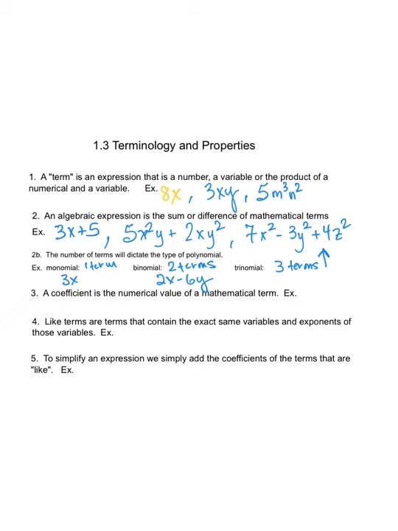Great. So, ladies and gentlemen, a coefficient, once again, we're talking about terminology. A coefficient is the numerical value of a mathematical term. Okay, so give me a mathematical term. Type one in real quick.